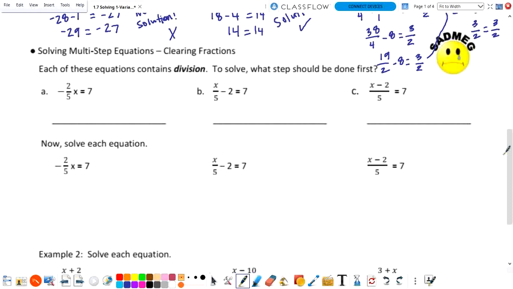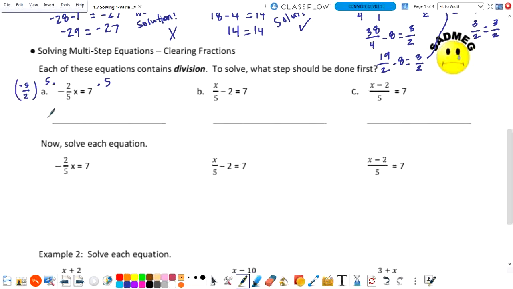So if we have negative 2/5 x equals 7, the first thing that we need to do is get rid of that fraction, right? So we can multiply by 5 or the reciprocal. We can multiply by 5 since that's being divided, or we can multiply by the entire reciprocal, which would be negative 5 over 2.